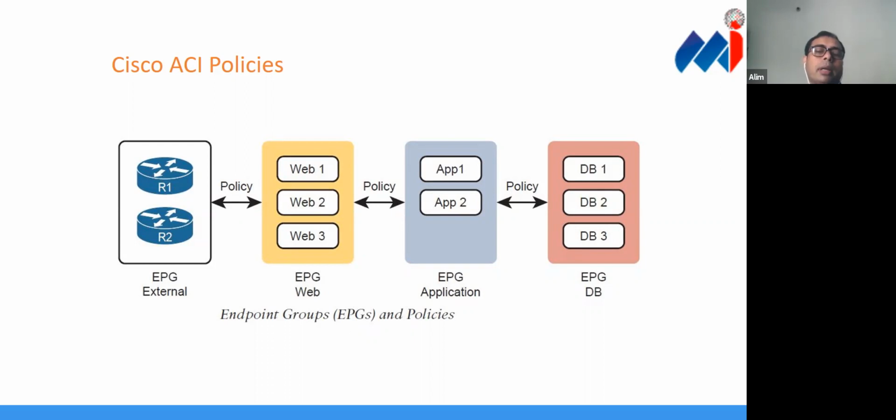There are also multiple servers in each category. So there may be three databases for redundancy or other purposes. There may be two application servers, so if one fails, another will take the lead, and you may have more than one web application, which is directly accessed by your clients or users.